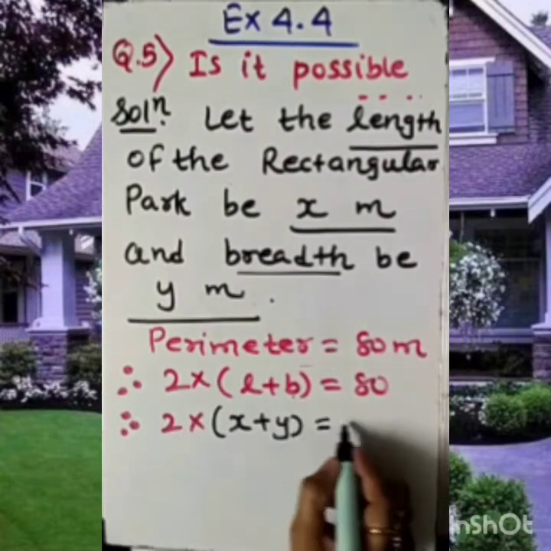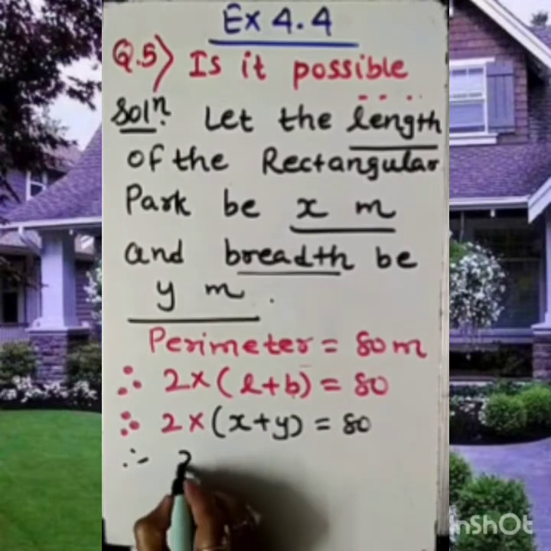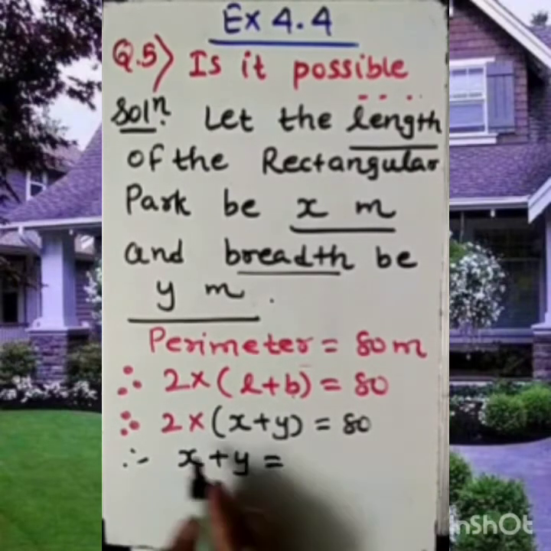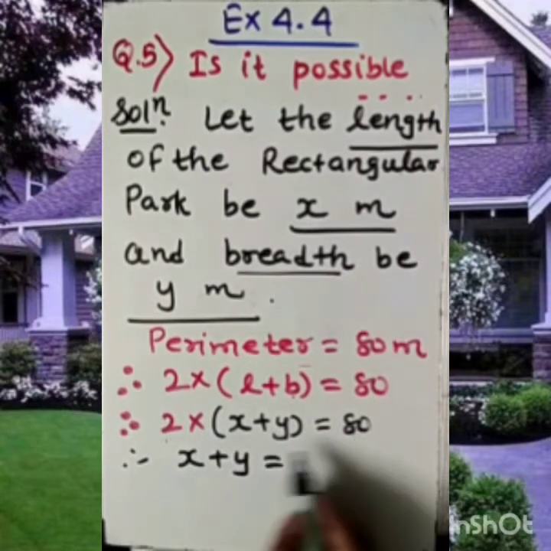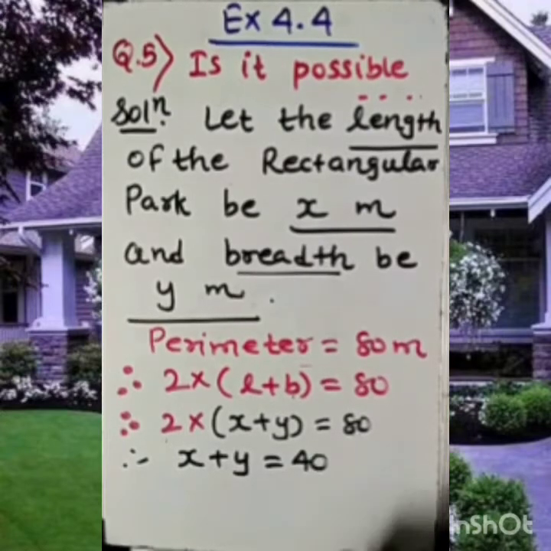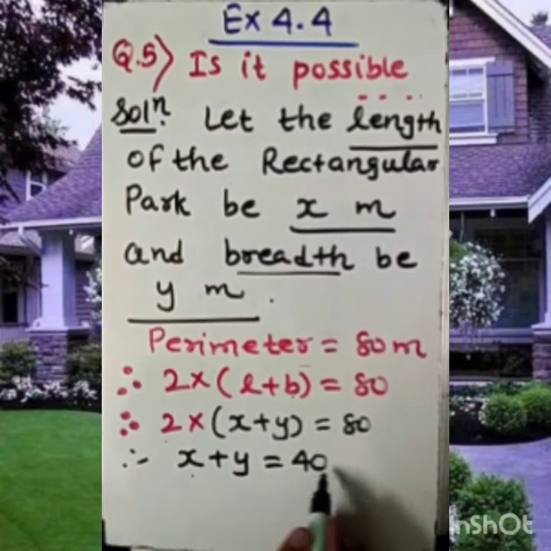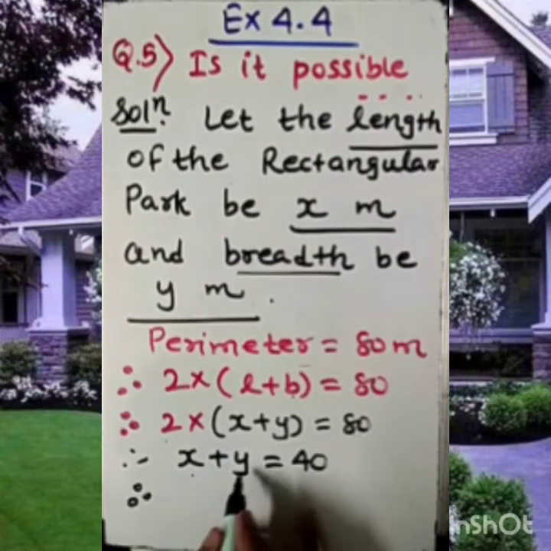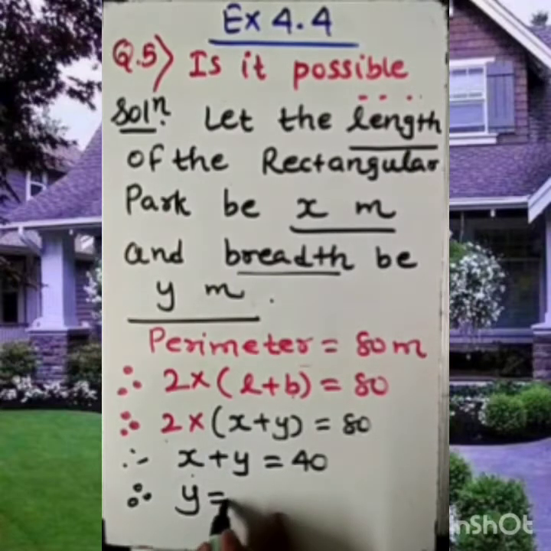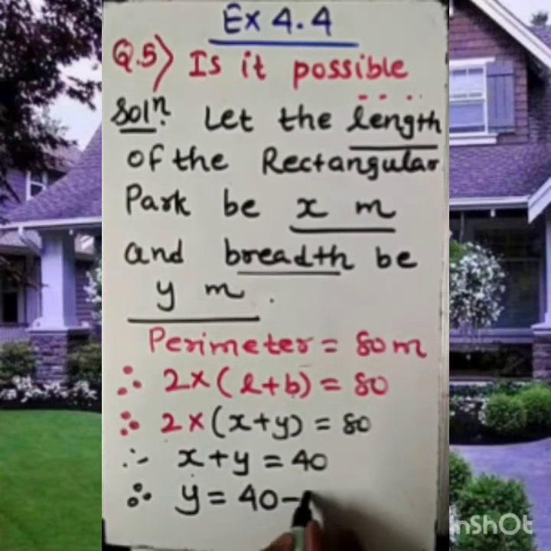Here, so let's simplify. I have here x plus y equal to 80 divided by 2. 80 divided by 2, it means 40. So x plus y equal to 40. Can I make y the subject? y will be 40 minus x.